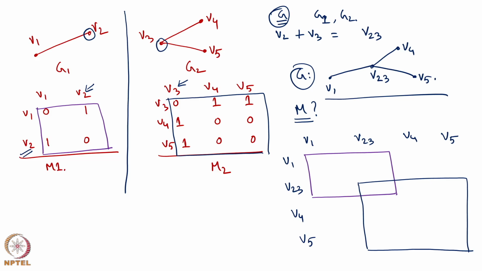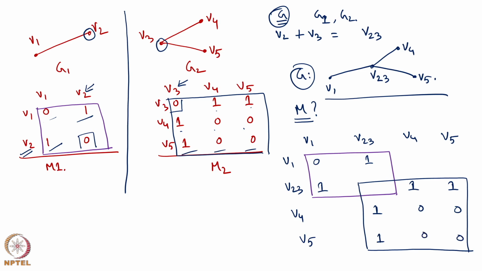Now, let us initiate the process. 0, 1 and 1 can be stated. Next, I skip this one, and here on V3, which is basically going to be V23, I skip. Rest of the things I will write 1, 1, 1, 0, 0, 1, 0, 0 and then 1, 0, 0.